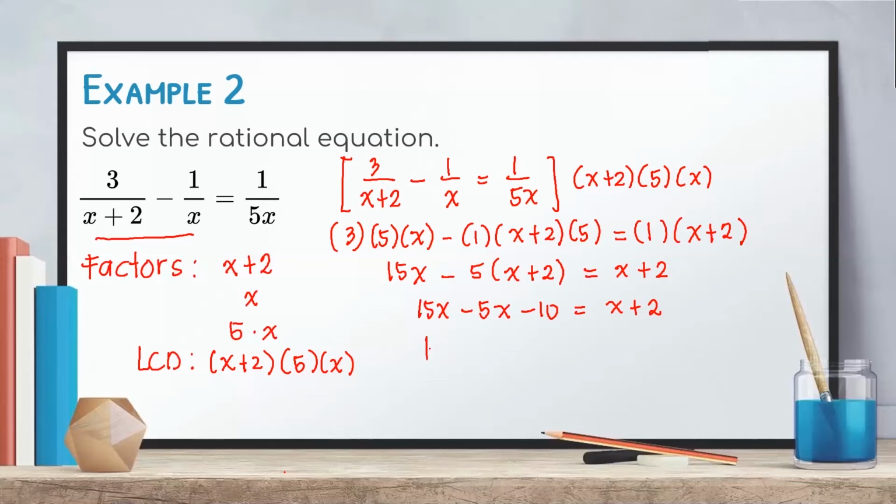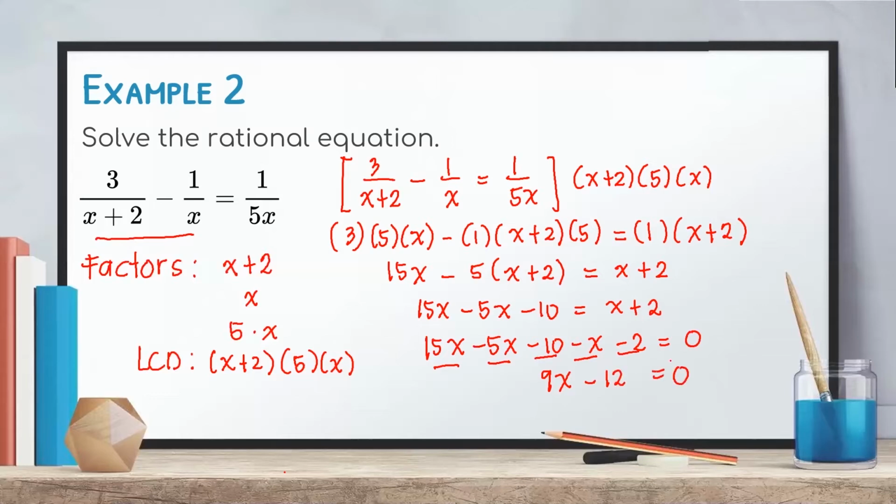Thus, we will have 15x minus 5x minus 10 minus x minus 2 equals 0. Let us combine similar terms. 15x minus 5x equals 10x minus x equals 9x. Negative 10 minus 2 equals negative 12.